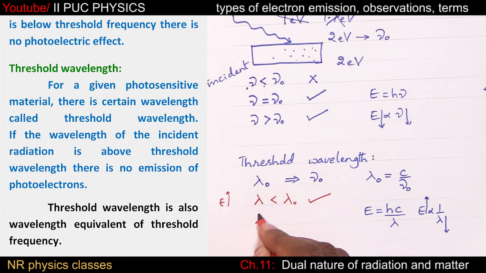If the wavelength of incident radiation is equal to the threshold wavelength, there is emission but difficulty in finding those electrons. If the wavelength is greater than the threshold wavelength, wavelength greater means energy is less, not sufficient to remove electrons. Therefore, no emission. Again, go through this statement and compare these three.